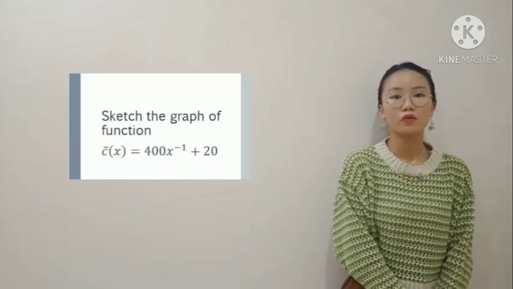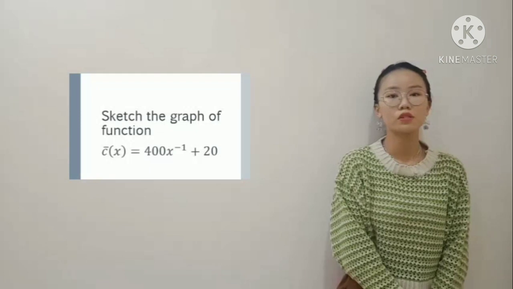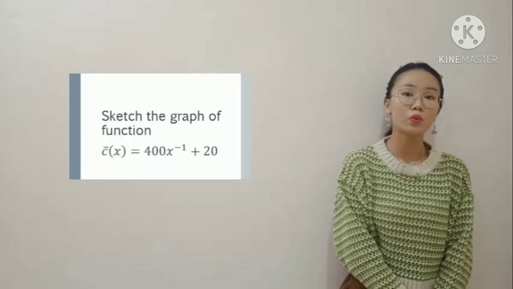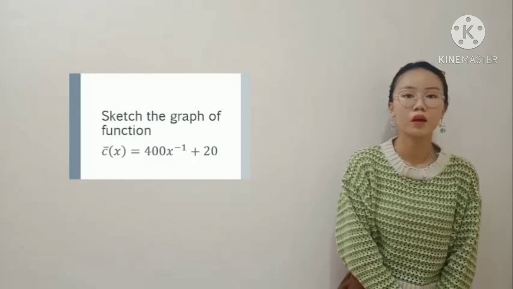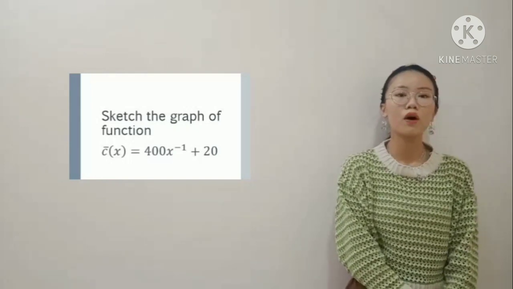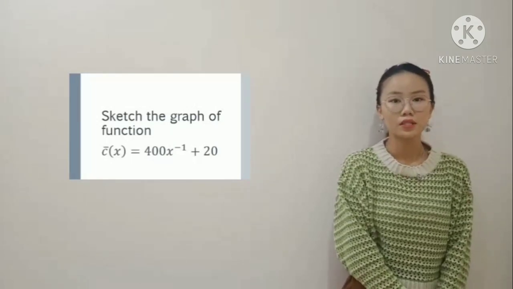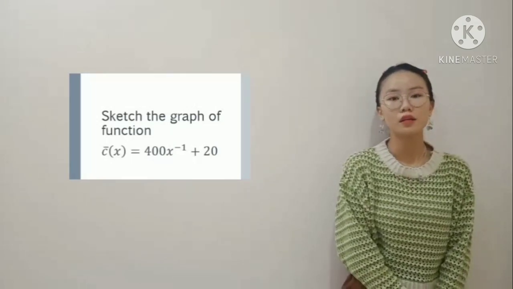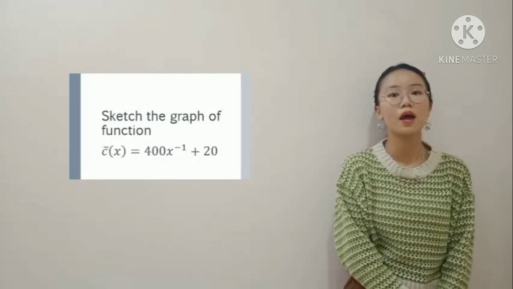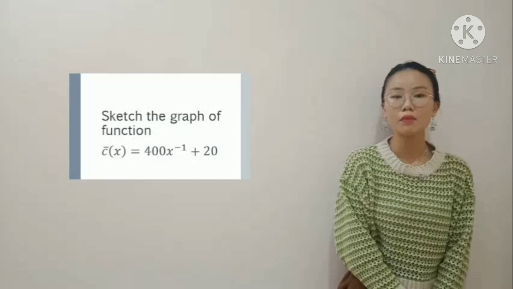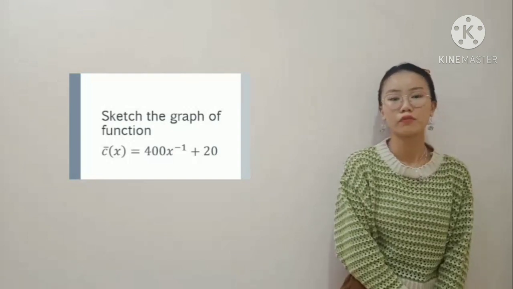When we want to draw the graph, we compare this function to the linear equation formula, which is y equals mx plus c. So let's look into the 400x to the power of -1 first. We can see that the 400 is actually equal to the m in the linear equation formula, and the m is the steepness of the curve.